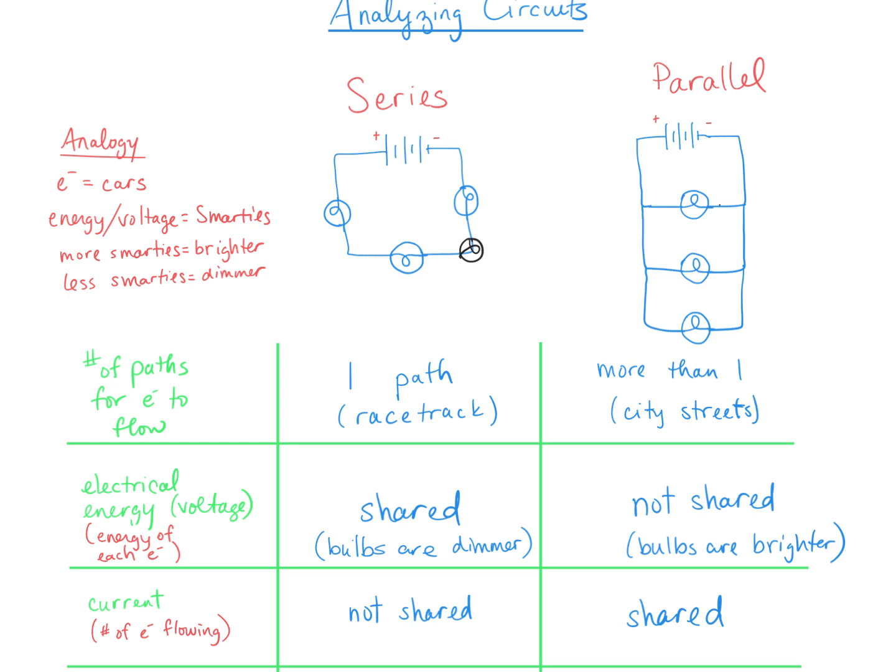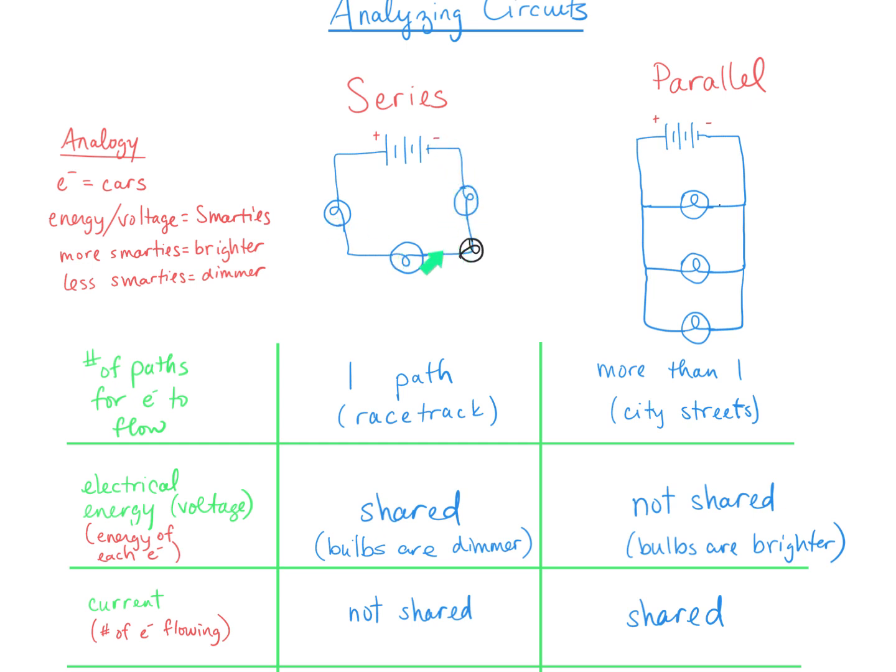So think about what the cars are going to do with their Smarties. They had 12 Smarties to start, and now they are going to have to dump Smarties in 4 places. So each car comes by and dumps its Smarties. You see how, if they had 12 Smarties to start, they're going to be able to dump 3, 3, 3, and 3.